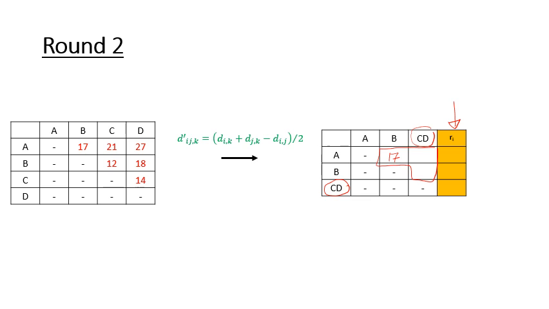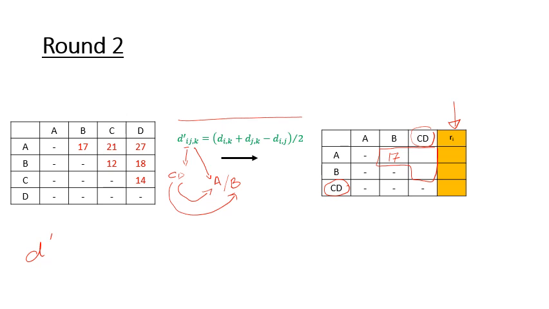But before that, concentrate here that this is the D prime of I, J and K. I, J in this case is C and D, because C and D are together now, and K can be any other taxon, in this case A or B. So you will compute the values of CD to A and CD to B using this formula. Let's see how we can compute the values for our next distance matrix.